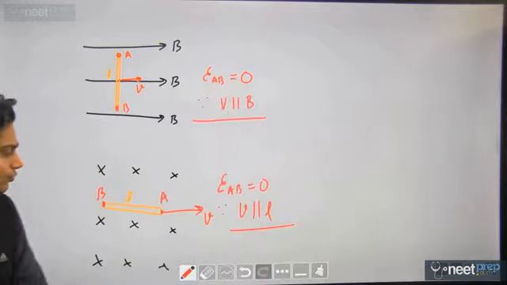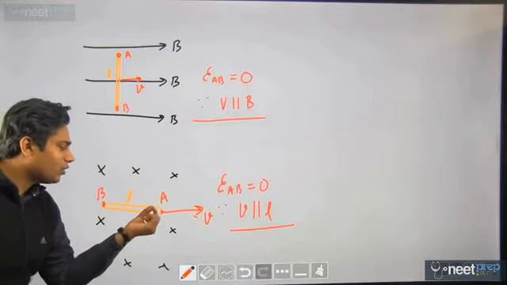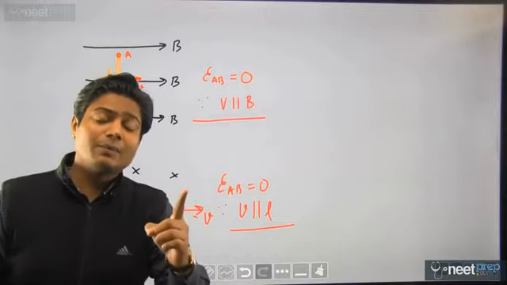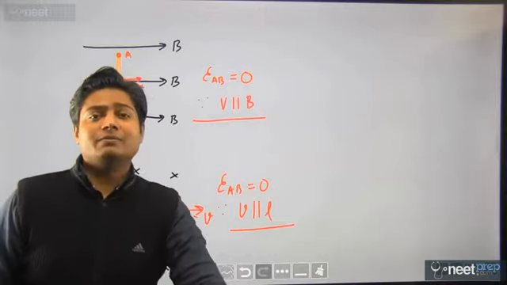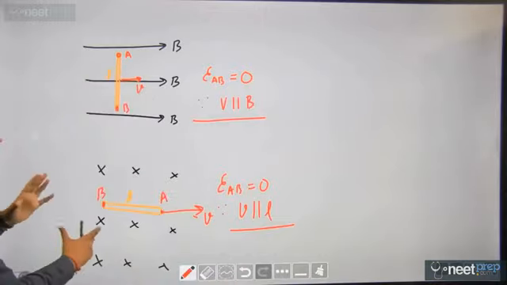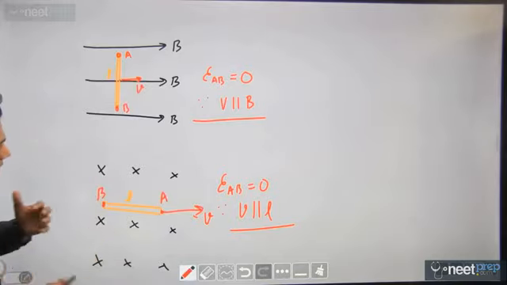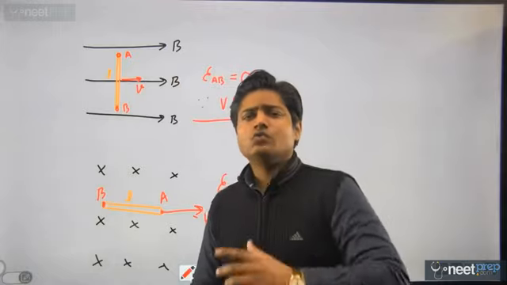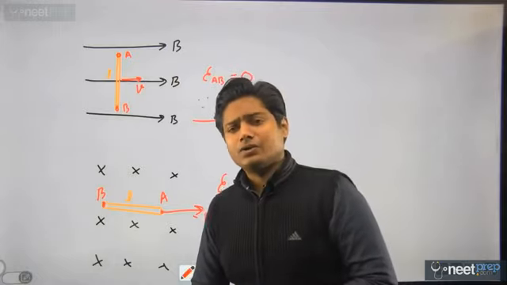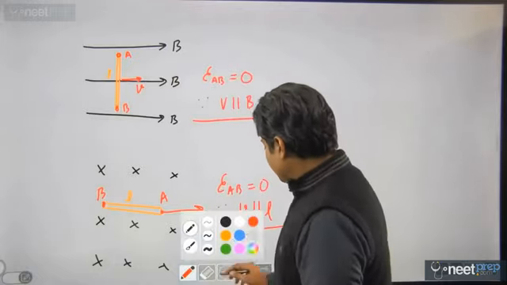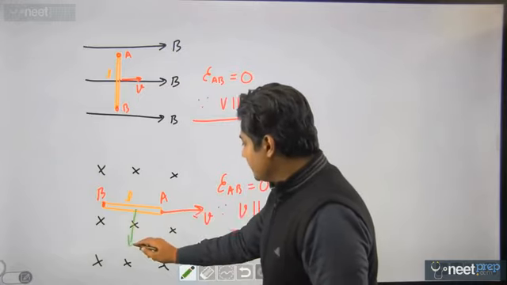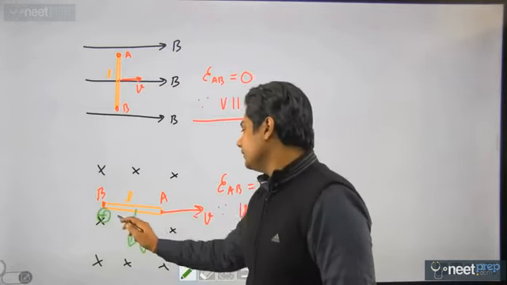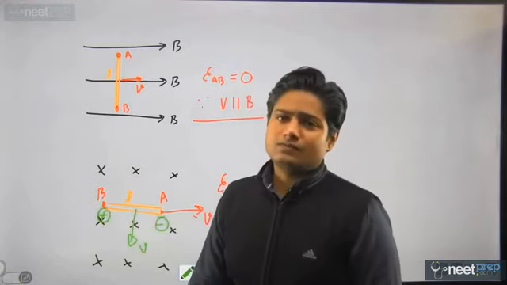If you move a rod along its length, no EMF will be induced, because the perpendicular component of V will be 0. So remember these two cases; this will help you understand why sometimes EMF across the ends of a rod becomes 0, because any two quantities may become parallel to each other. Yes, if in this case you move it in this direction, then of course there will be EMF across the ends of the rod, and that is what we need to determine.